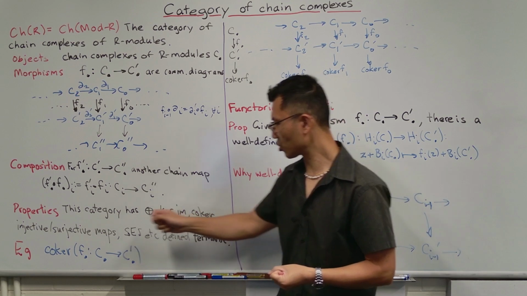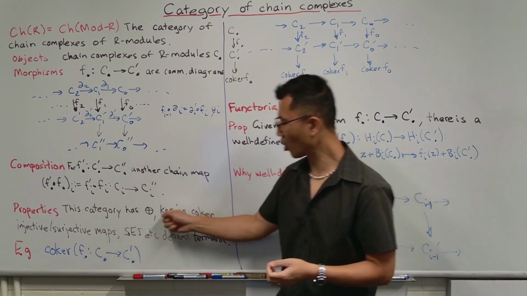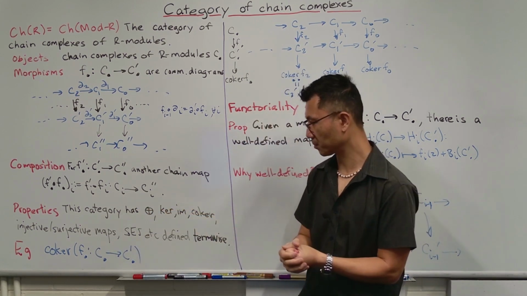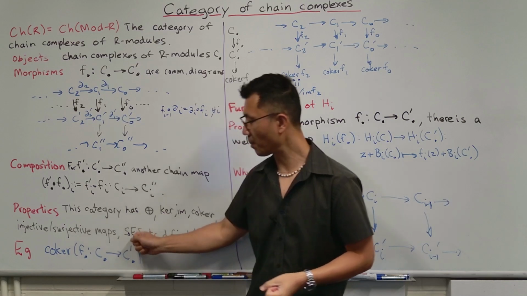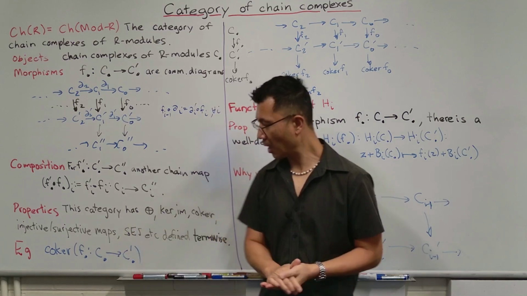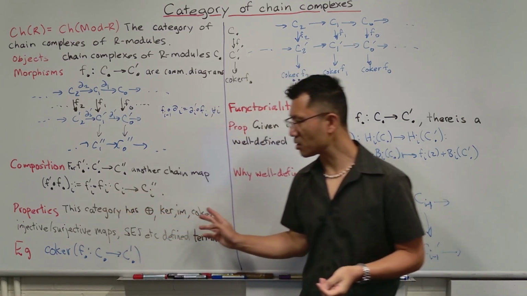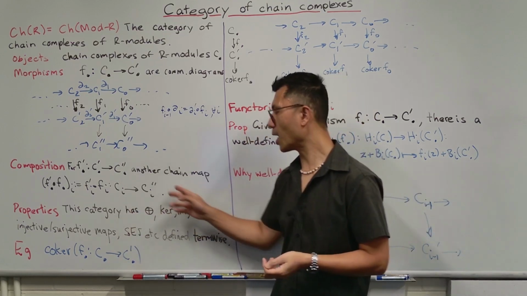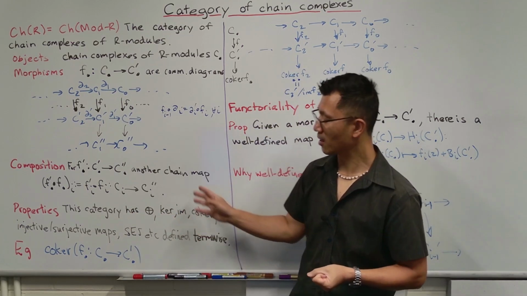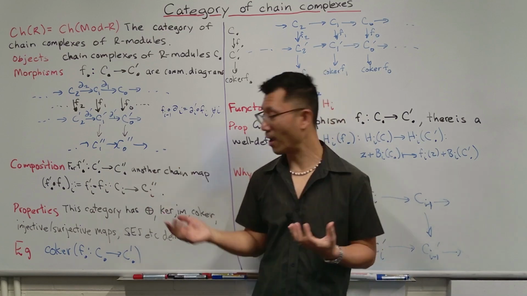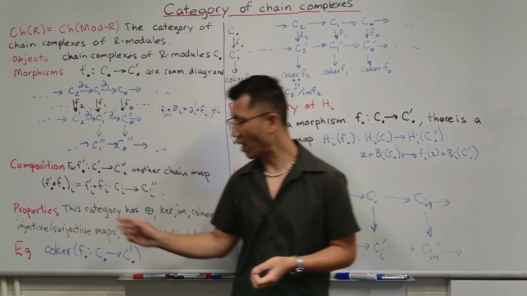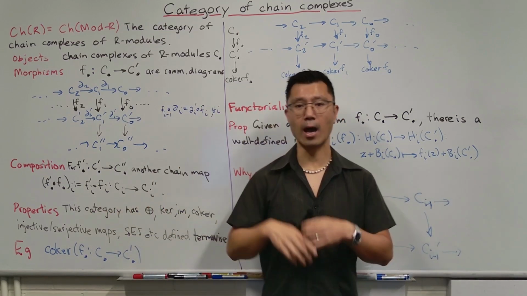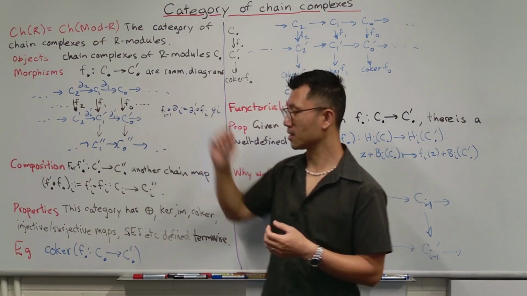So that's what surjective means. Injective means the kernel is 0, for example. And then you can similarly talk about short exact sequences. To see why this is true, the proofs for all of these are more or less the same. Essentially, they follow from the fact that the category of modules has these properties, and we can just carry out these constructions term by term inside the sequence.